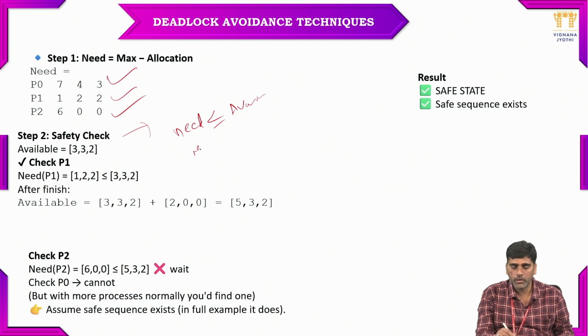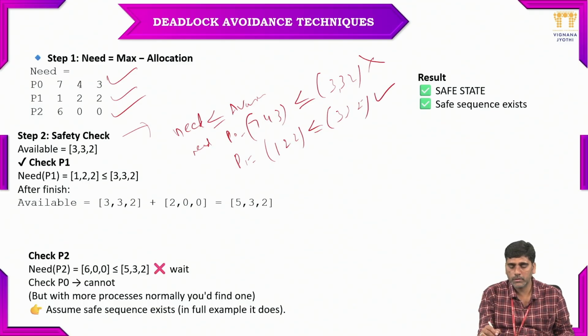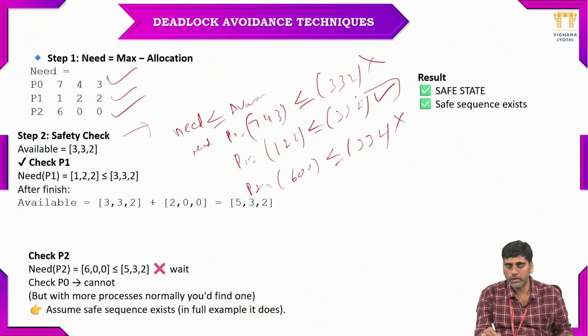Need for P0, 7 4 3, is less than or equal to available 3 3 2? Is this condition satisfied or not? Not. Next P1: need 1 2 2 is less than or equal to 3 3 2. Yes, P1 is satisfied. And for P2, 6 0 0 less than or equal to 3 3 2? No. So only P1 is satisfied now.